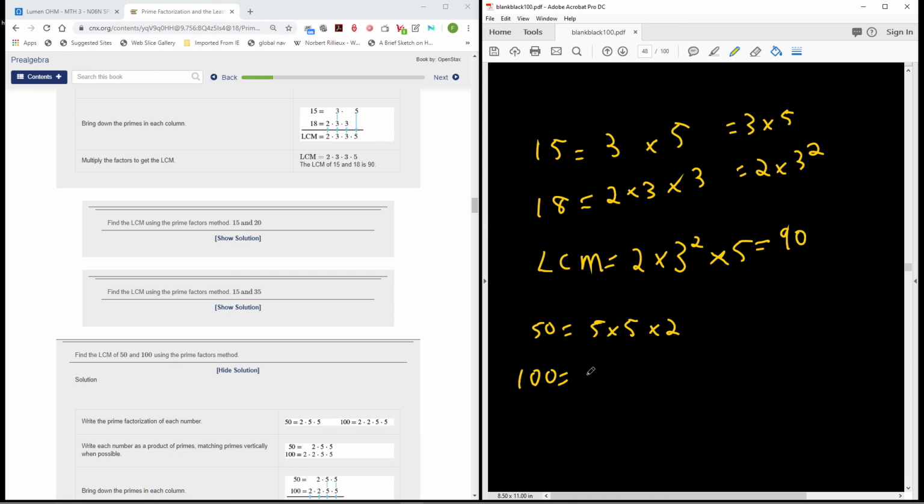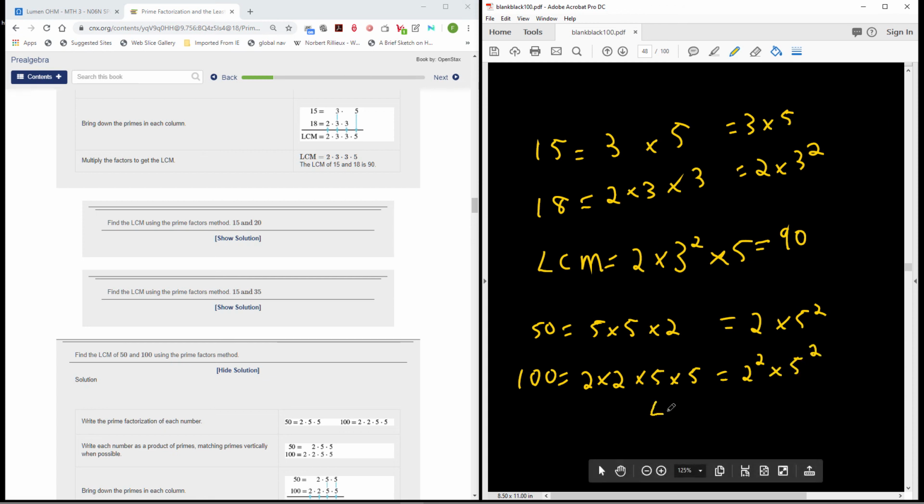That could be 4 times 25. So I would have 2 times 2, which is 4, times 5 times 5, which is 25. This is the same thing as 2 times 5 squared. This is the same thing as 2 to the second power times 5 to the second power.